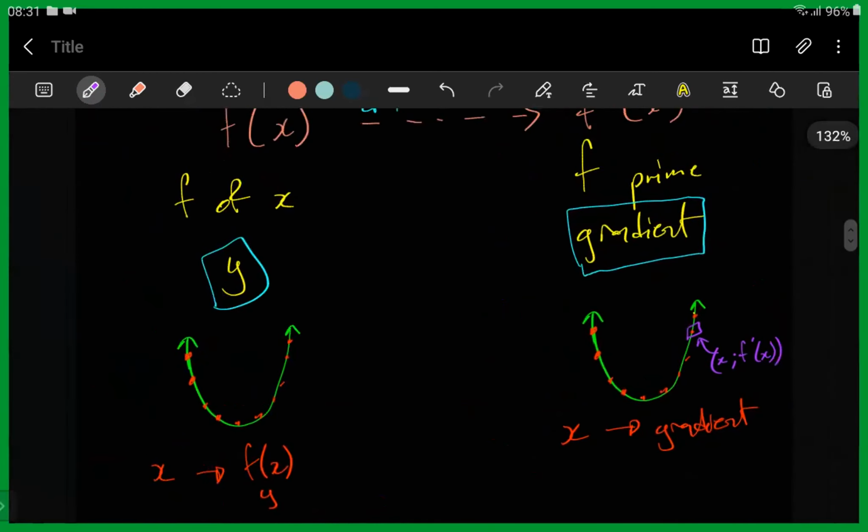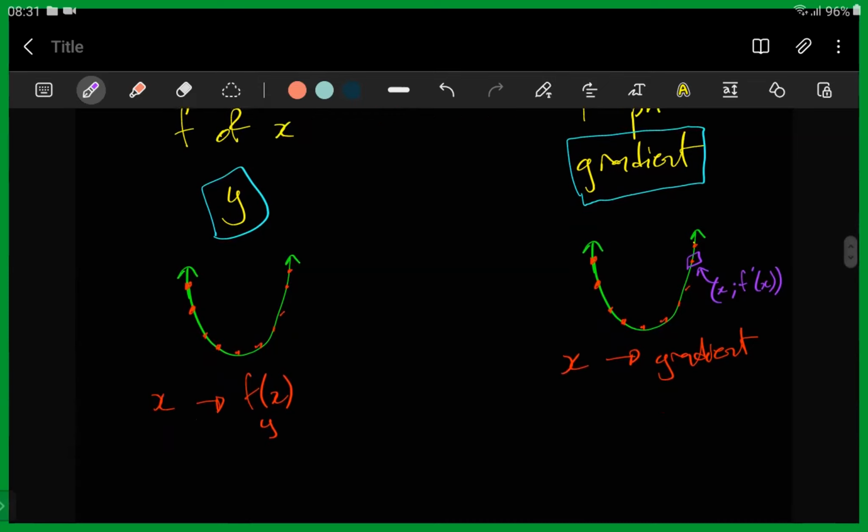Sometimes it will also draw a graph, yes. However, the main idea is you always need to look at the outputs as different gradients at those specific x values.